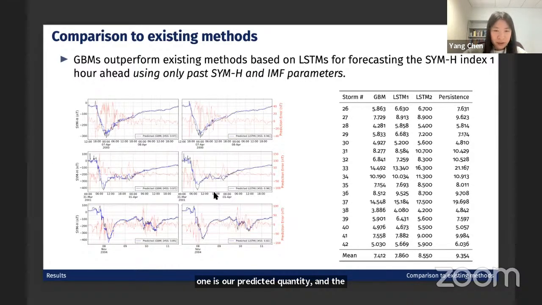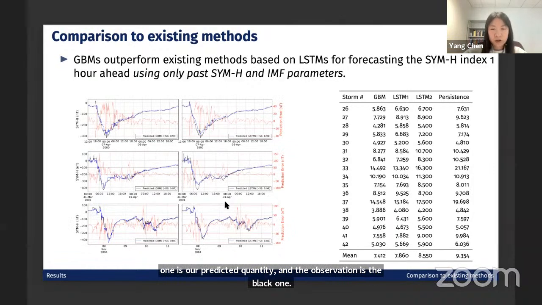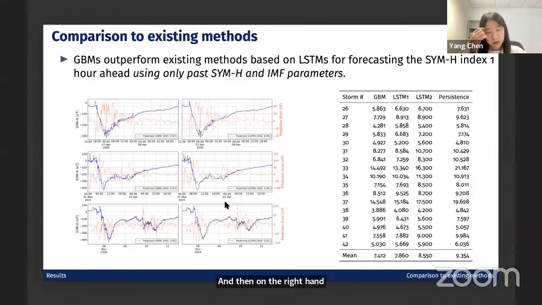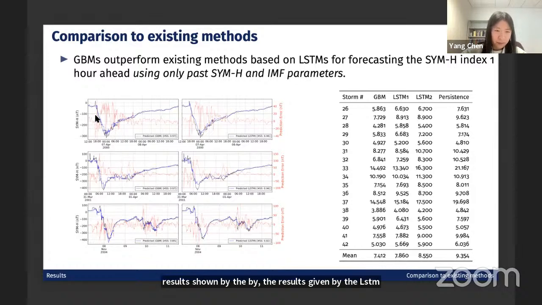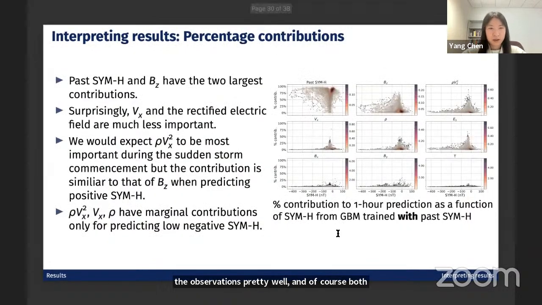And then on the right-hand side are the prediction results given by the LSTM, long short-term memory neural network. If you look into the storm phase and recovery phase, you can see that our predicted results actually follow the observations pretty well. And of course, both beat the persistent model quite a lot.